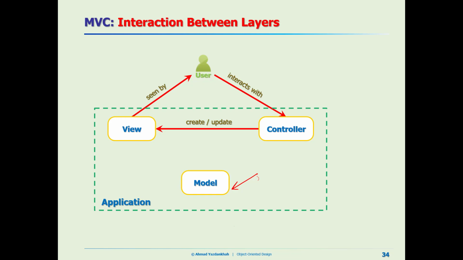Here I need to explain something. So this view, as I said, is actually an object. It's a view object. All right. So this view object will be created by the controller. And let's say that the controller creates an HTML file. And this HTML file goes to the user, actually not directly to the user. Let's say we have the browser here.